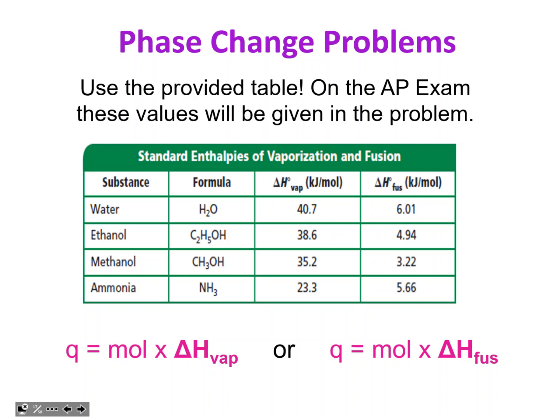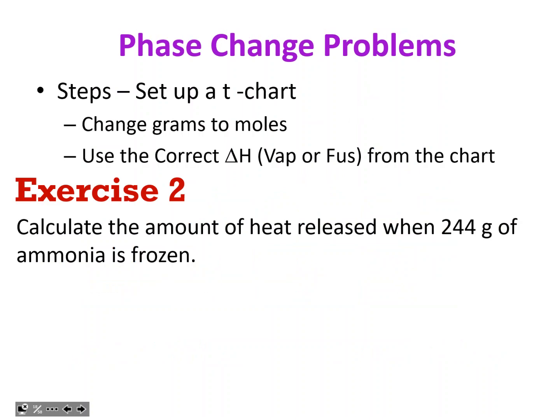Now, the general equation is Q equals moles times heat of vaporization or moles times heat of fusion. But in a lot of circumstances, they don't give you moles to start with. So it's just easier to set it up as a T-chart where you change it to moles and then you use the heat of fusion or vaporization as a conversion factor.